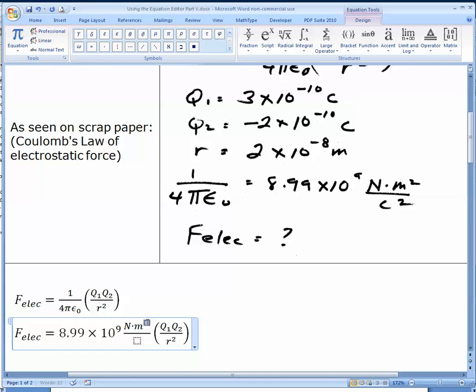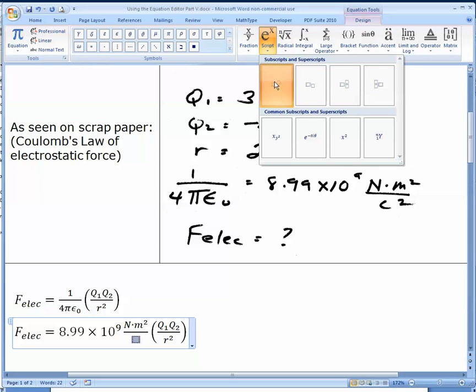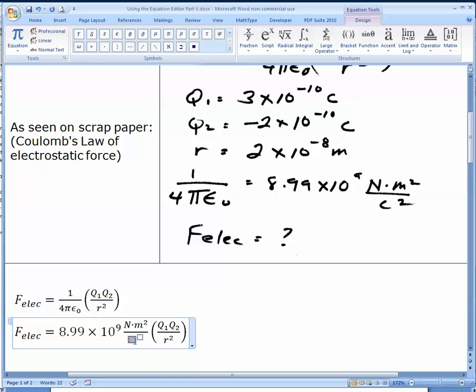Meters, I should say, not newtons. Squared divided by the charge, which again is something with a superscript. It's capital C for coulombs squared.